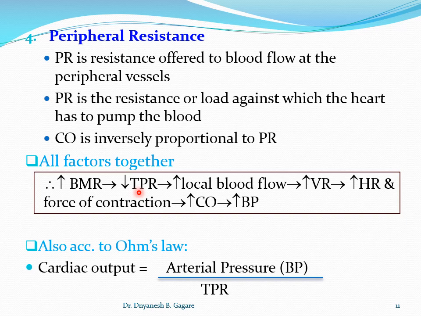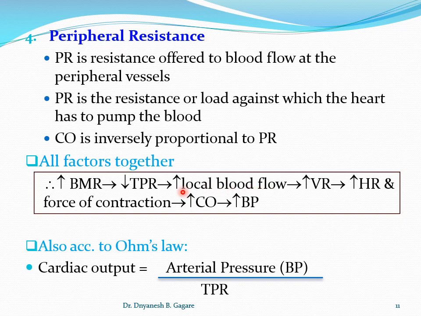These metabolic end products act on the blood vessels, that is the arterioles, and cause vasodilatation. If there is vasodilatation, it leads to a decrease in total peripheral resistance. If the total peripheral resistance decreases, that means particularly arterial dilatation, that increases local blood flow.